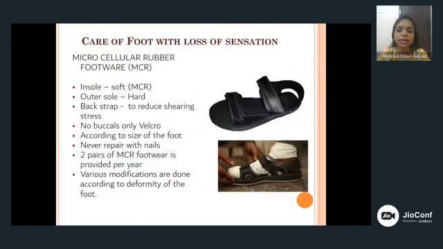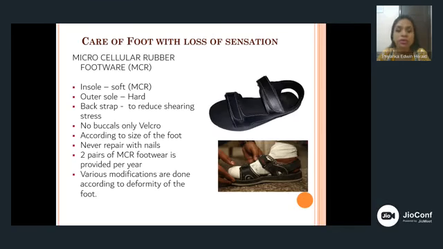The next slide is very important because this is the type of sandals or footwear we give for leprosy patients who have sensory loss over their sole. If the posterior tibial nerve is affected and there is a loss of sensation, then this kind of footwear is given.